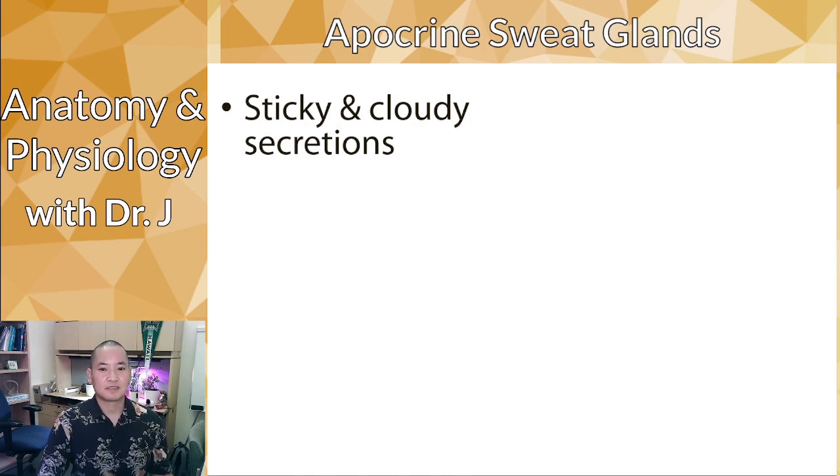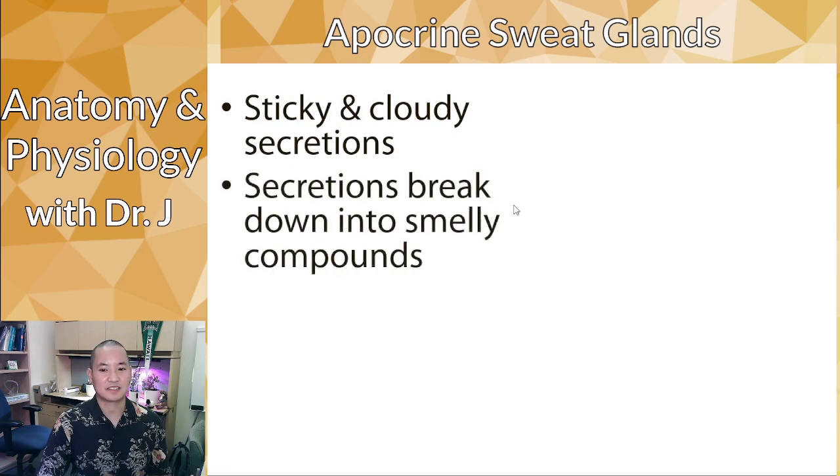Okay, so apocrine sweat glands. This is another type of sweat gland, but instead of being watery like those eccrine or merocrine sweat glands, they produce a sticky and cloudy secretion. And what makes it sticky and cloudy is all these fats and oils and lipophilic compounds, and actually proteins as well.